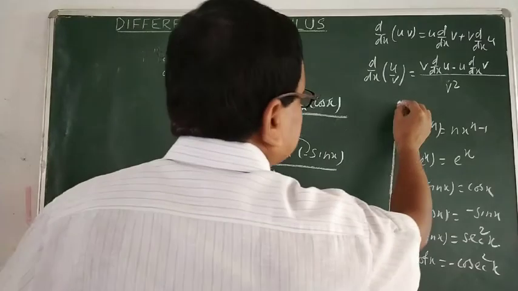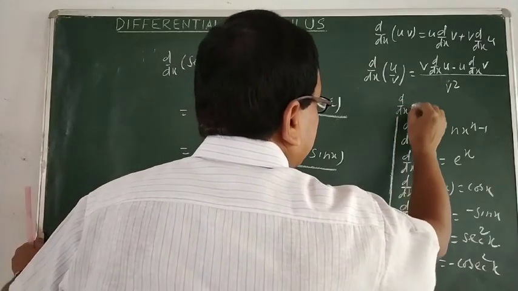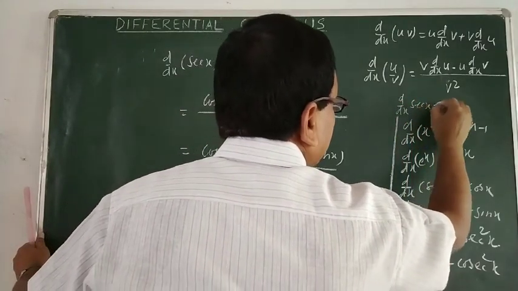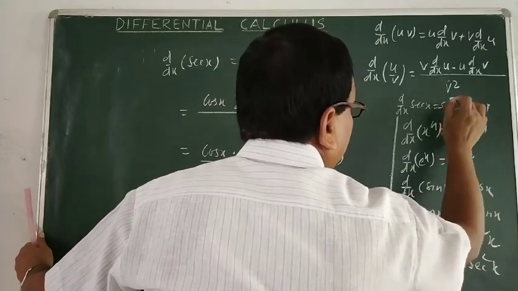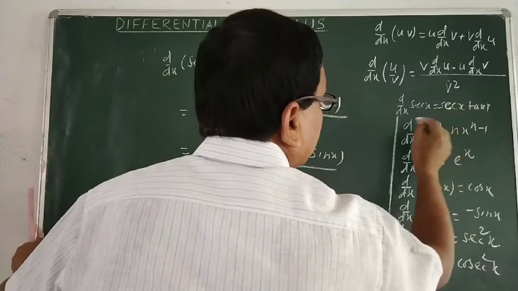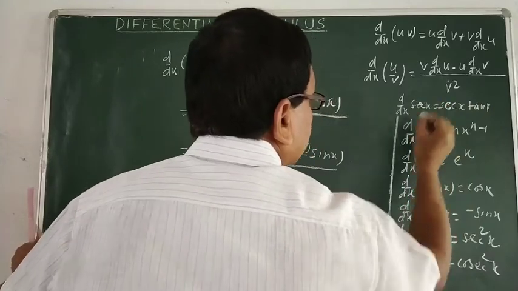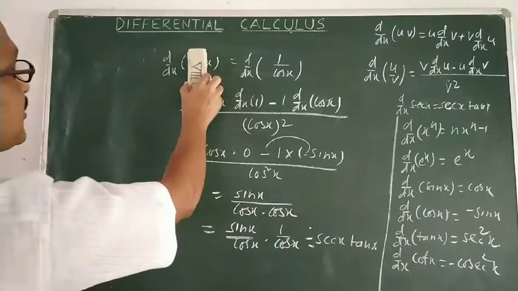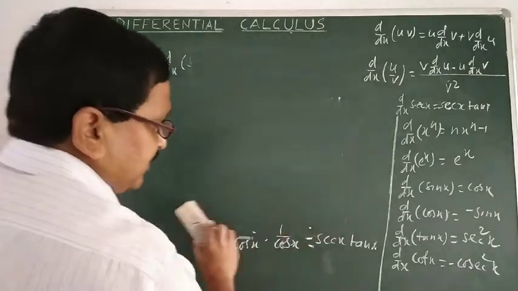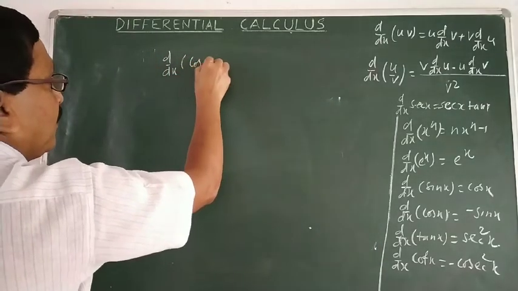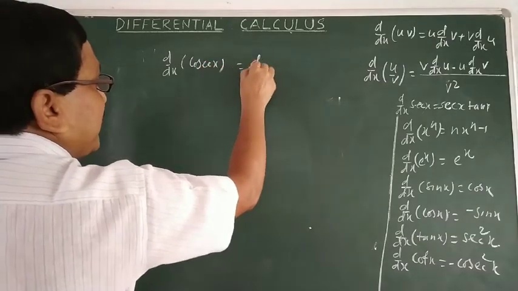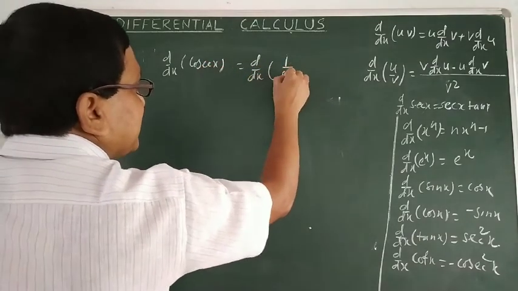So one more differentiation we have got, d by dx of sec x is sec x into tan x. And the last of the day is cosec x. Now the differentiation of cosec x, this is d by dx of 1 by sin x.